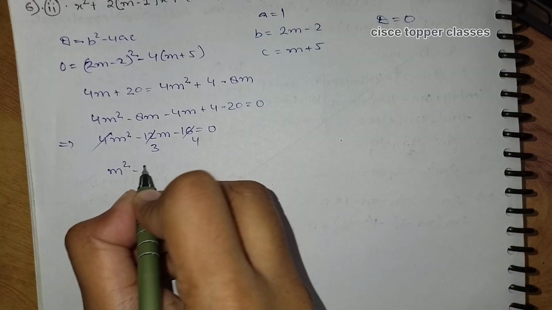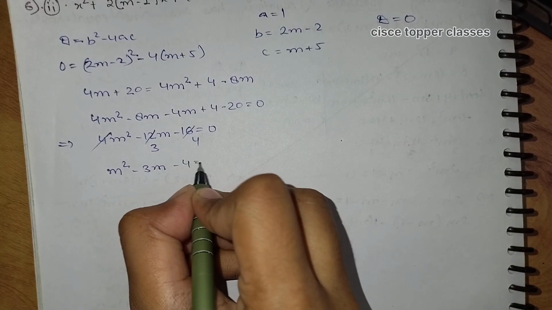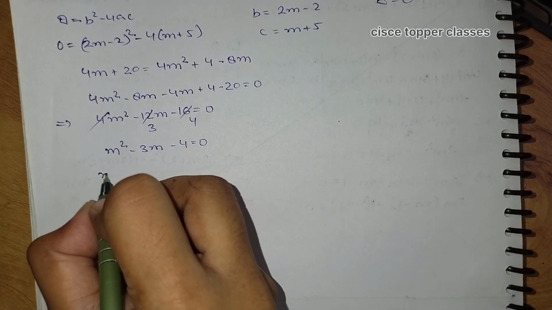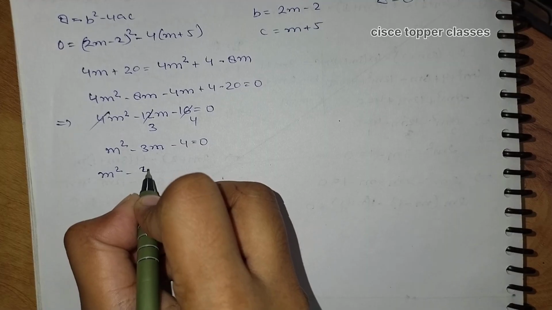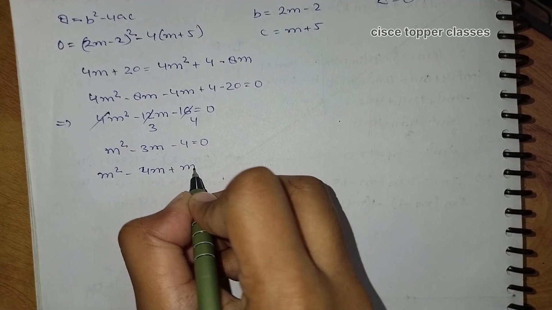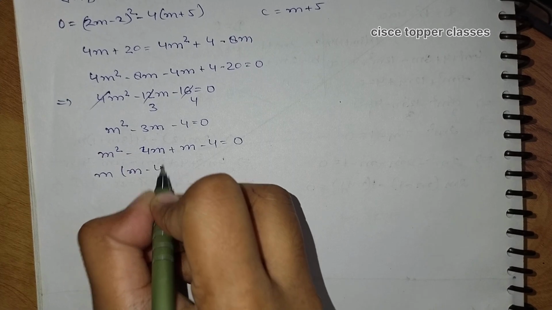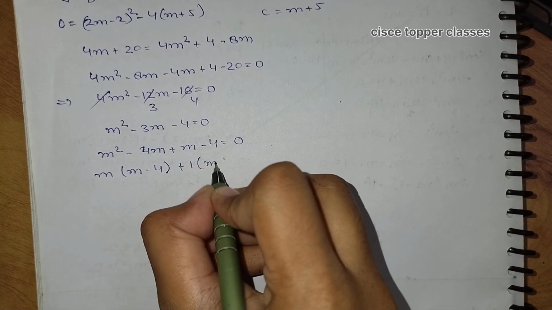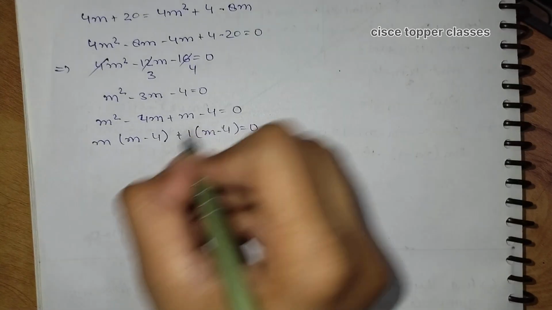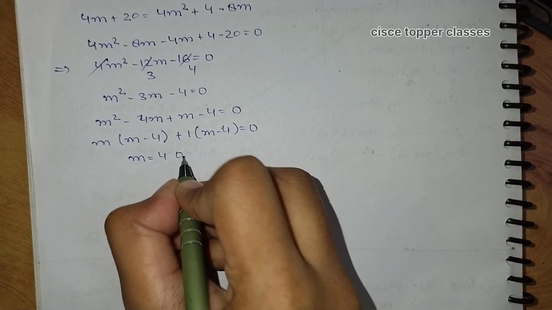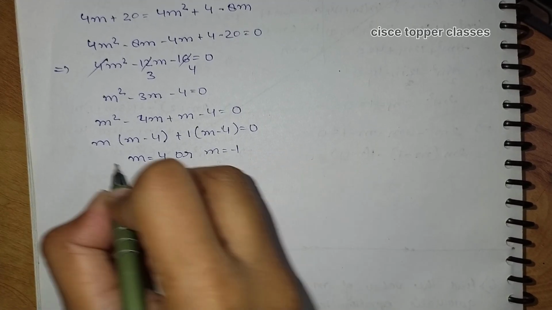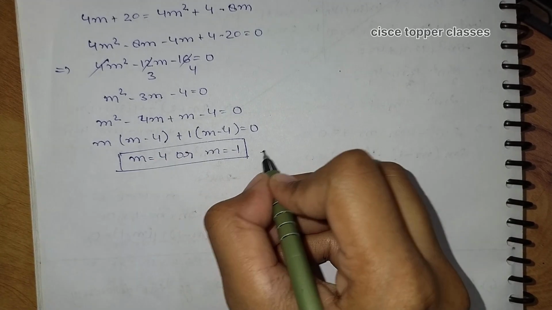So m square minus 3m minus 4, if we factorize it, we will get the value of m from here. So m square minus 4m plus m minus 4 we will get, and taking m as common, it will become m minus 4, 1 as common, m minus 4 equal to 0. So m is equal to 4 here, or m is equal to minus 1 is the final answer in this question.